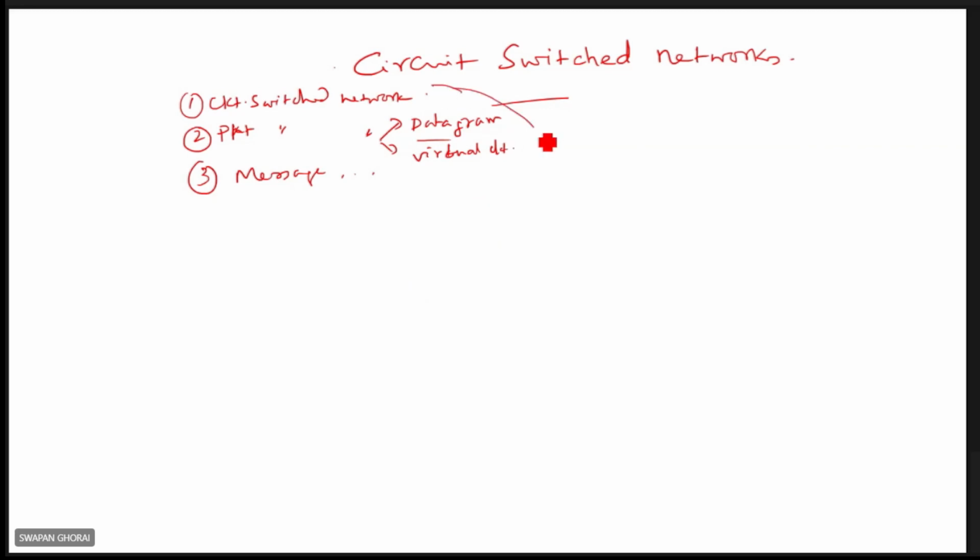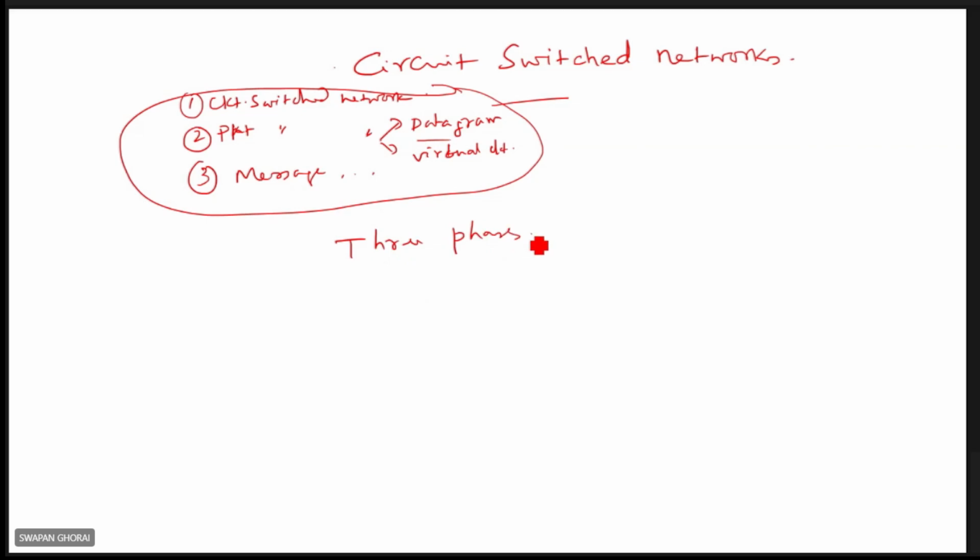In circuit switch networks, there are three phases. One is circuit establishment. The second one is the data transfer.